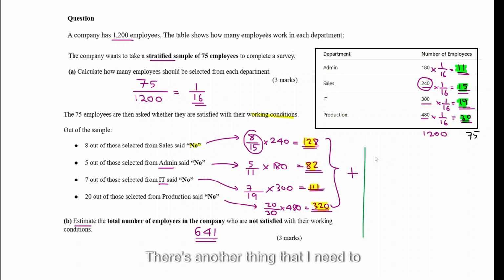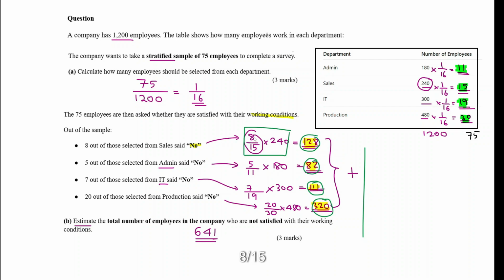There's another thing that I need to mention for this question. Sometimes students might not individually round them up like I did here. Instead, they can put this whole thing into a calculator: 8/15 times 240, add 5/11 times 180, add 7/19 times 300, add 20/30 times 480.